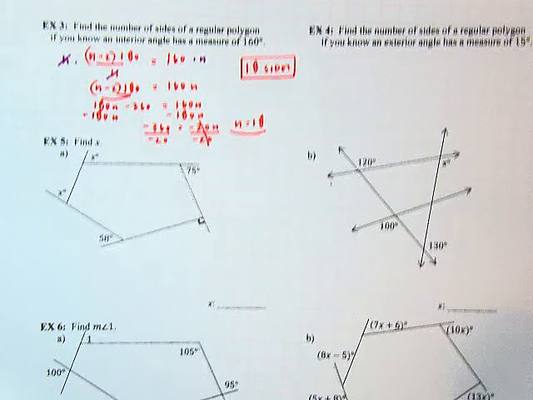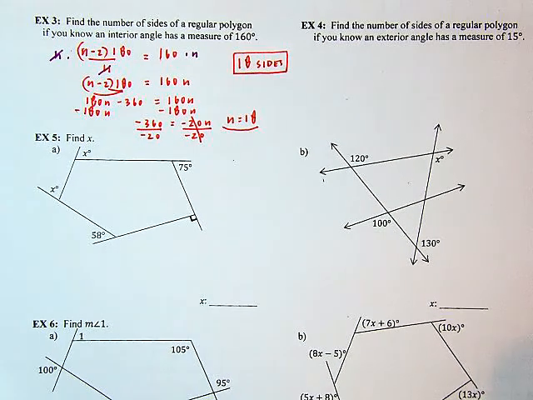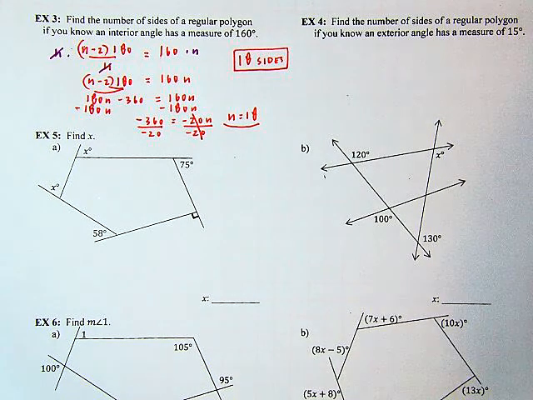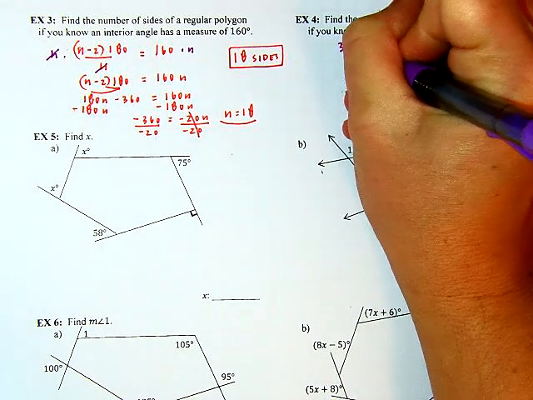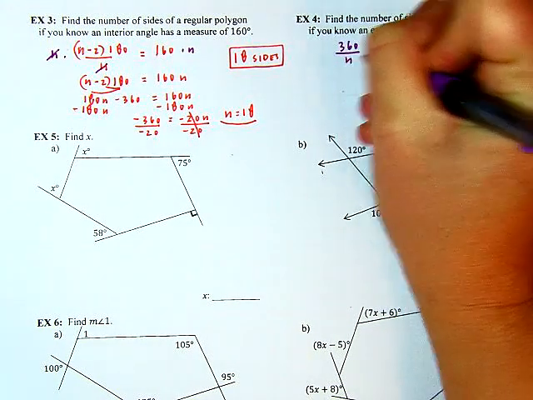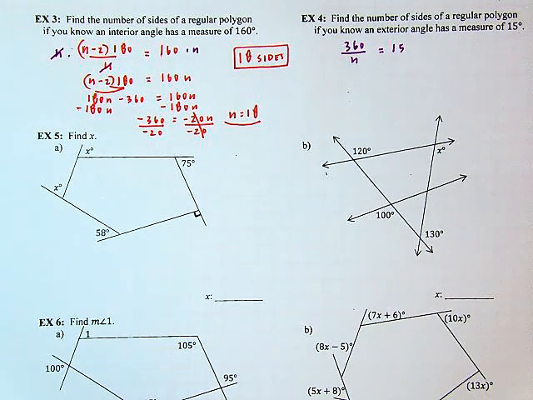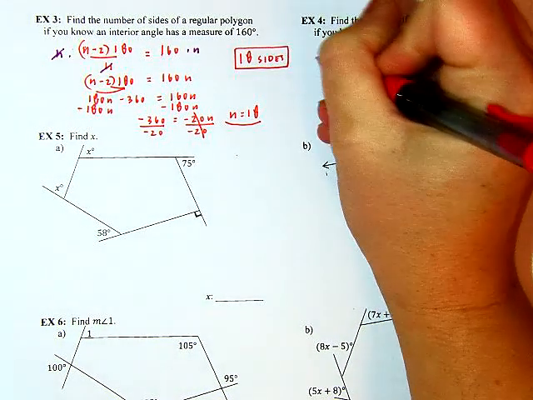For example 4, find the number of sides of a regular polygon if you know an exterior angle has a measure of 15 degrees. So I know that 360 divided by n equals 15, and now I'm solving for n. Again, I like to clear my fraction, so I'm going to multiply each side by n.